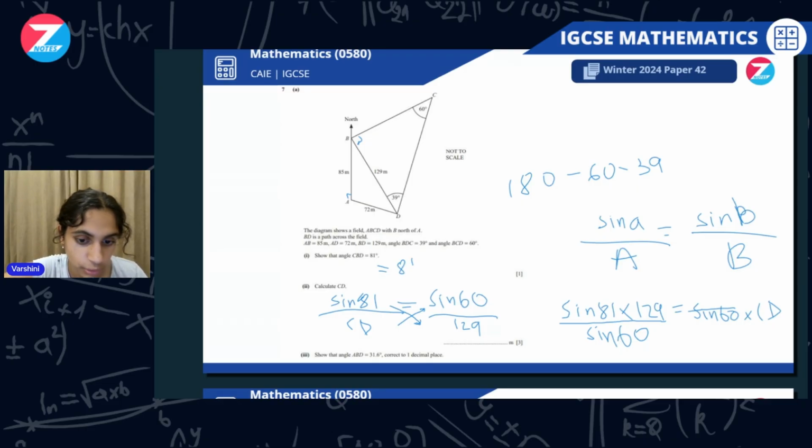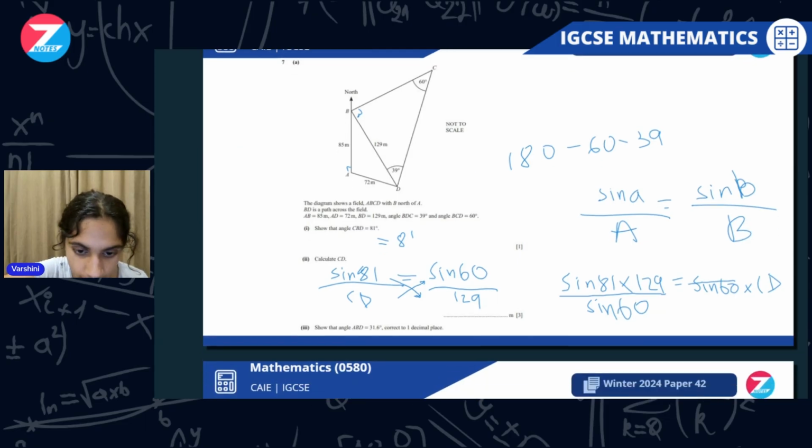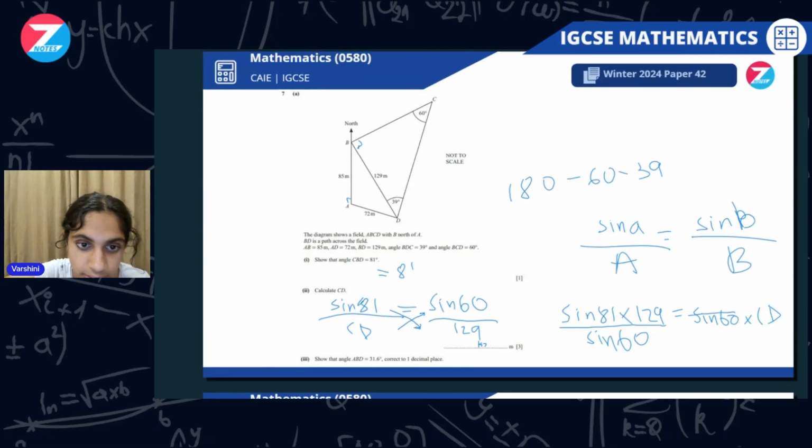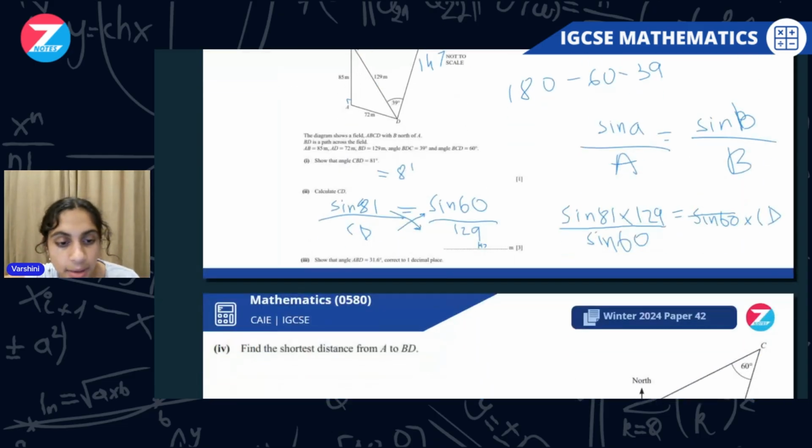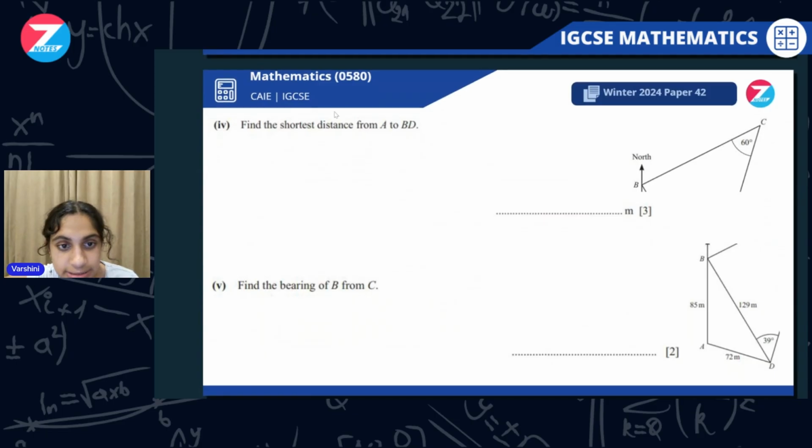So now you're going to get the answer as 147 meters. So we're just going to put that in, 147. And we'll also label this over here to be 147.